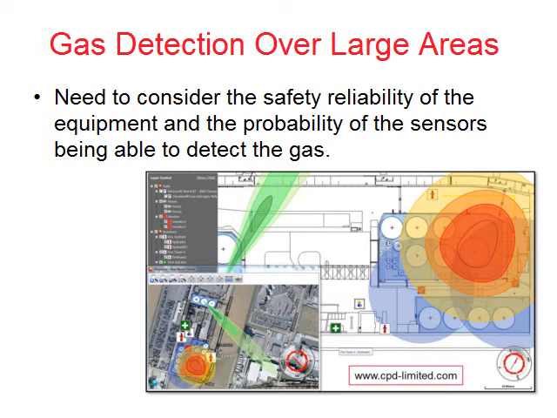So if you're in a large environment, outdoor environment, even a large indoor environment, you need to consider not only the safety reliability of the equipment, but the probability of the gas sensors being able to detect the gas. So if you're outdoor, you've got varying weather conditions that are going to affect how gas disperses, and that really does impact whether you would consider it a SIF or not.